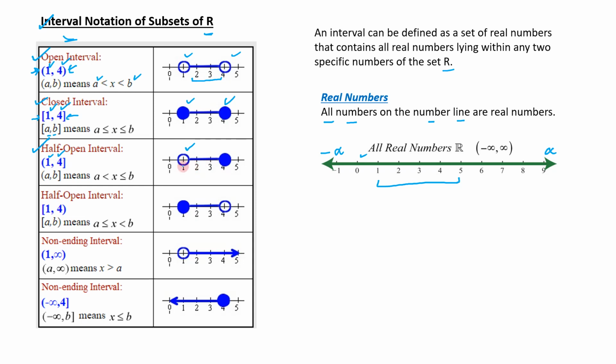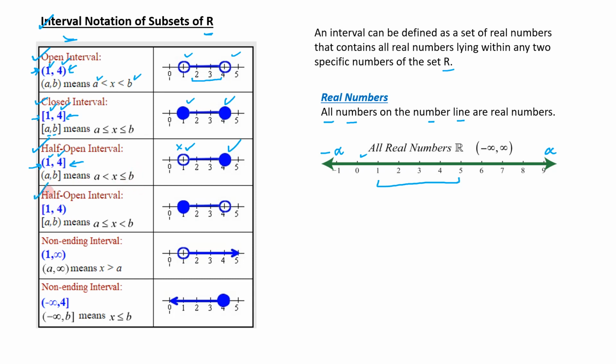In this case 1 is not included but 4 is included, and the set so obtained will again be a subset of R. Here we have a simple bracket on one side and a square bracket on the other side, meaning that it is open on the left side but closed on the right side. Here again we have two numbers a and b, which means x is greater than a but less than or equal to b.